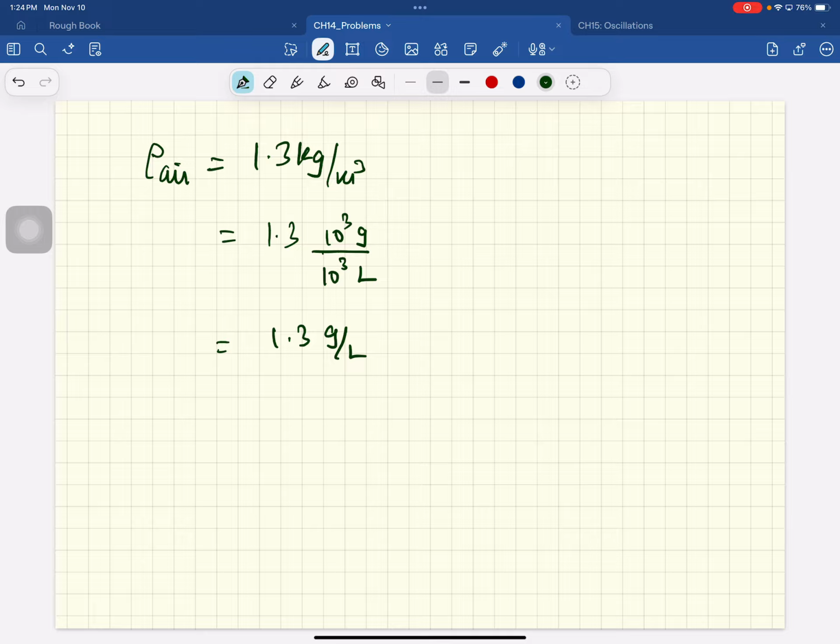What is the density of helium? 0.1786 grams per liter.